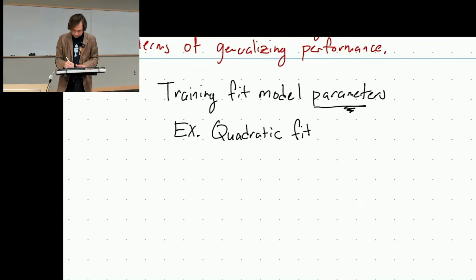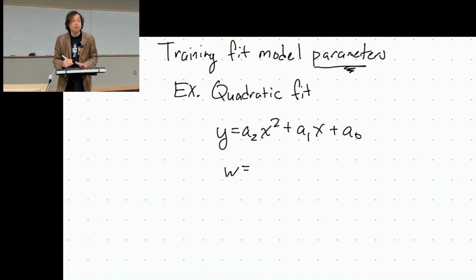So, for instance, if y is equal to a2 x squared plus a1 x plus a0, our parameters, our decision variables, the three decisions that were made in the optimization, are a0, a1, and a2. That is our decision vector.